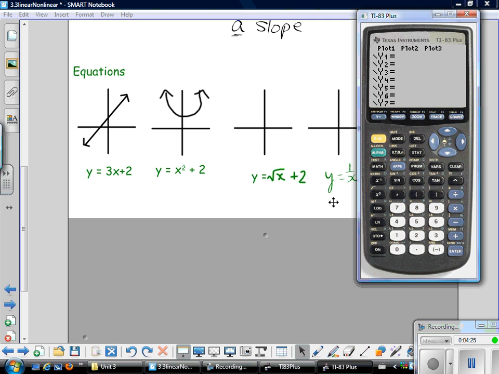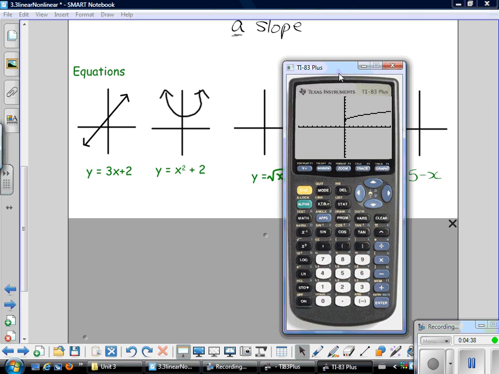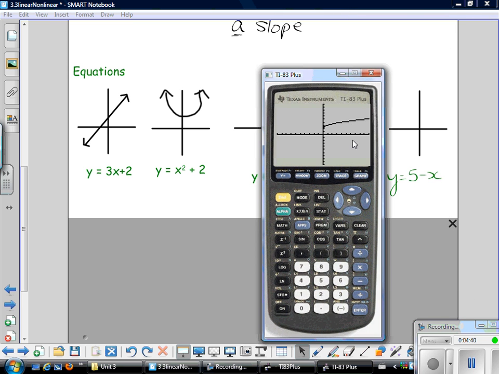The next one is the square root of x, which we can actually enter right into the calculator, then plus our 2. If you look really closely, it's difficult to see because the graphing calculator is a bit small, but you can see that it does have a curve to it. It's not a straight line.